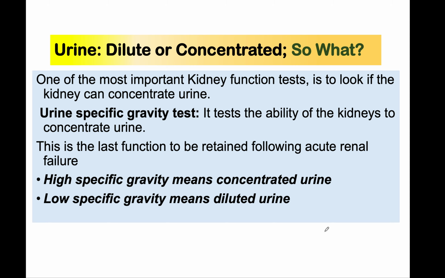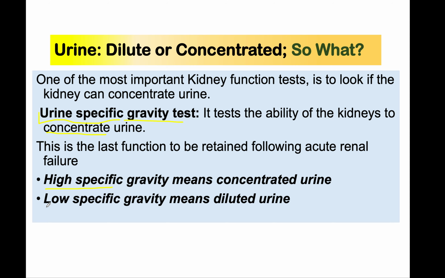By a very important test that we talked about in the lab lecture too: the specific gravity of the urine. The specific gravity test tests the ability of the kidneys, if the nephrons are able to concentrate urine. So high specific gravity means concentrated urine, and low specific gravity means diluted urine.